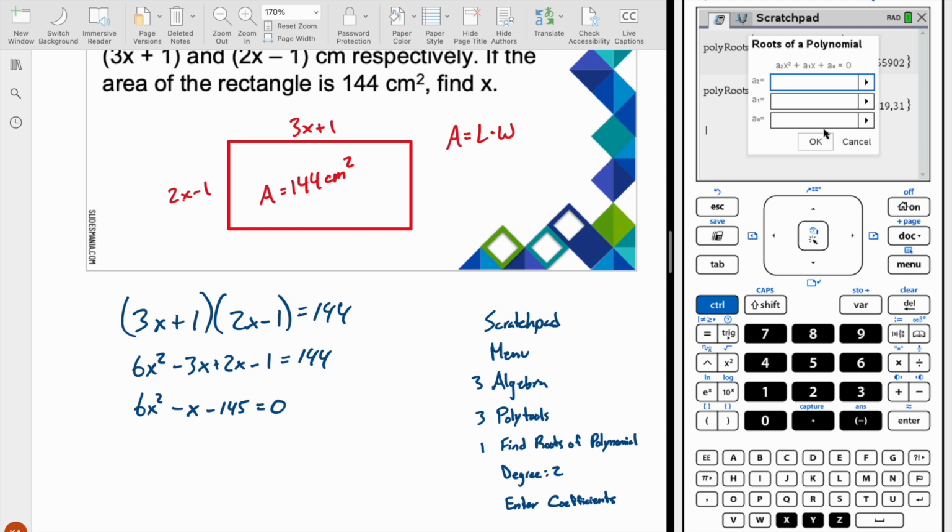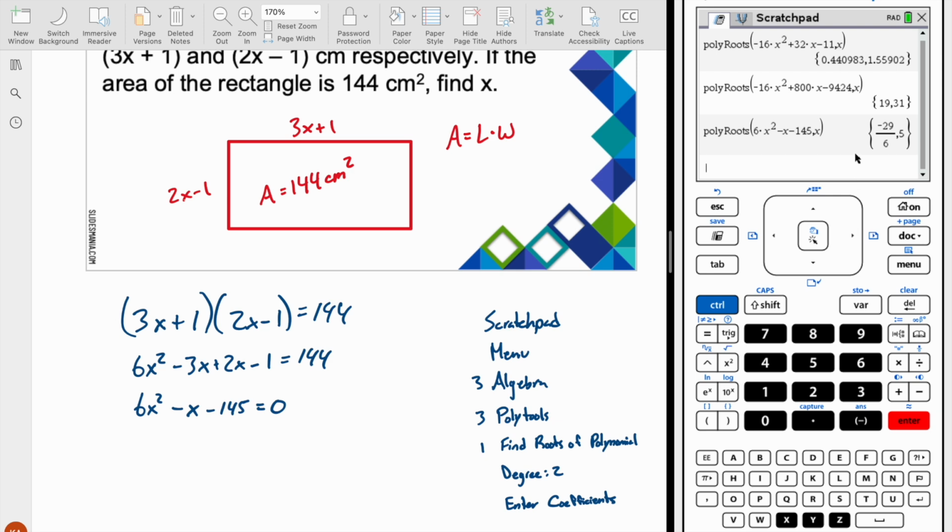We plug in our coefficients: 6, negative 1, negative 145. Hit OK. Make sure that our equations match up, and hit Enter. Now, in this case, we are coming up with negative 29 over 6 and 5 as two possible answers within this problem.